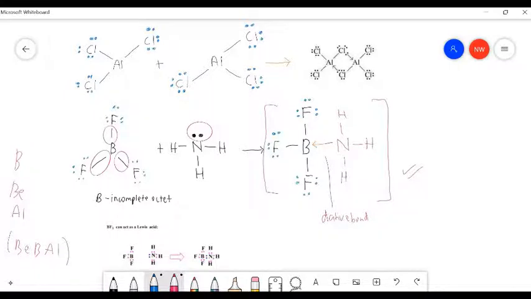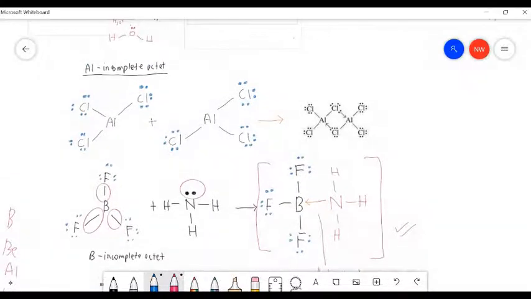So another example is Al2Cl6. Al2Cl6 is a very popular question. They always ask you to draw the structure because it is difficult to draw the dimer shape. If you want to produce Al2Cl6, you have to react AlCl3 with another molecule of AlCl3.